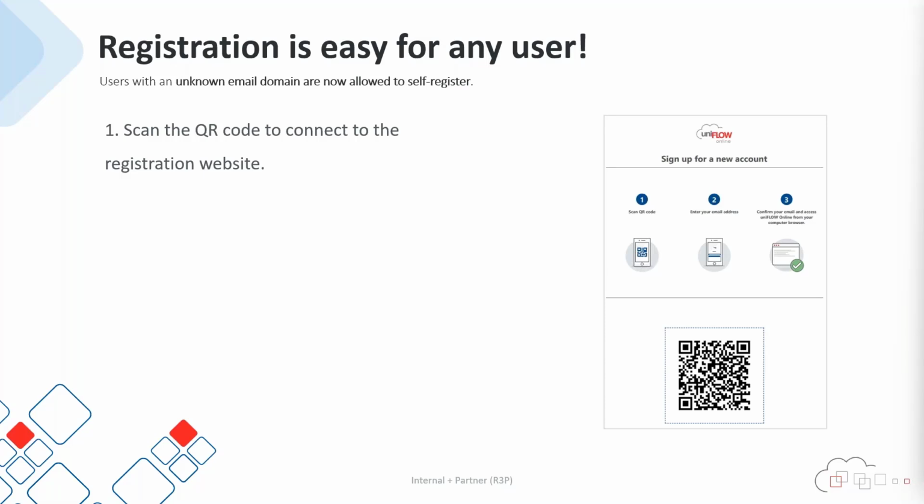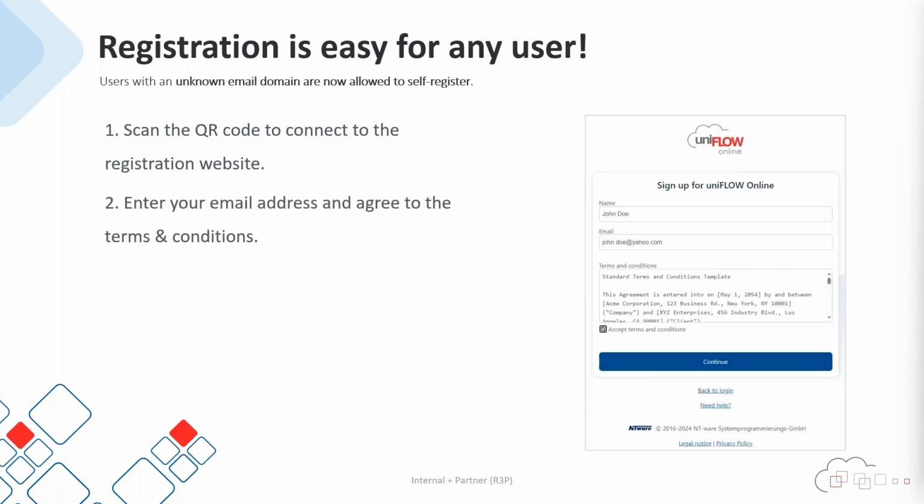It's very easy. First and foremost, to connect to the registration website, the user simply scans the QR code made publicly available. Now, they need to enter their email address, which is obviously not known to the establishment, and agree to the terms and conditions that have been uploaded.